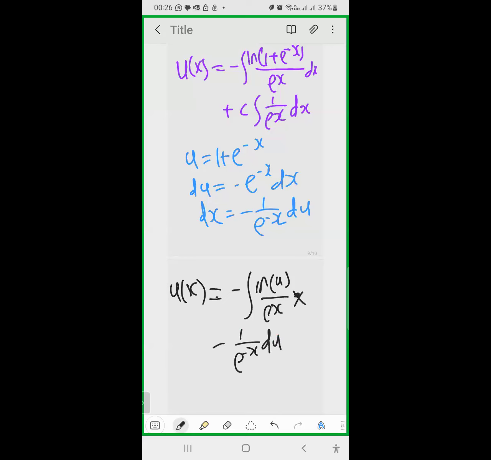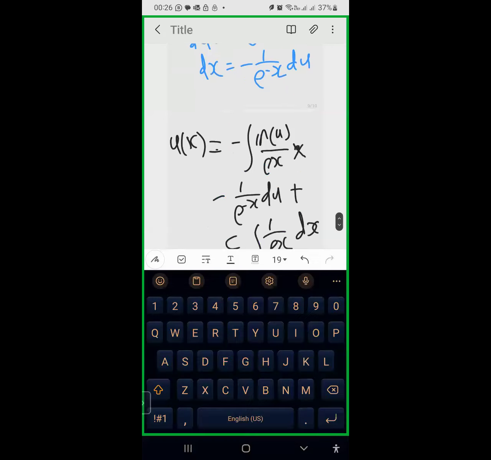And then this is added to the constant c multiplied by the integral of 1 over e to the power x dx, right?